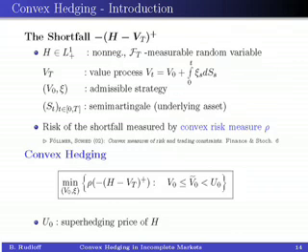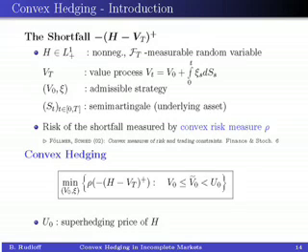So just to review the setting, H was the payoff of, for example, an option. In general, it's a non-negative F_T measurable random variable. We have V_T as the final value of our replicating portfolio. And we consider admissible strategies, so initial capital and a hedging strategy.